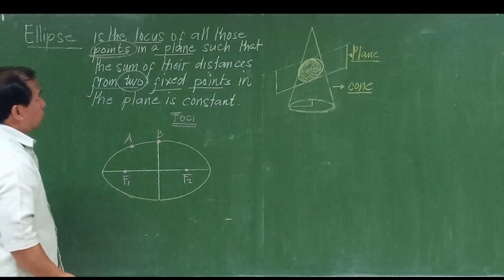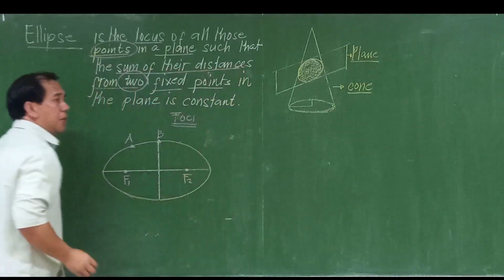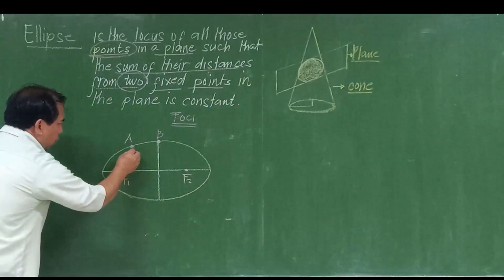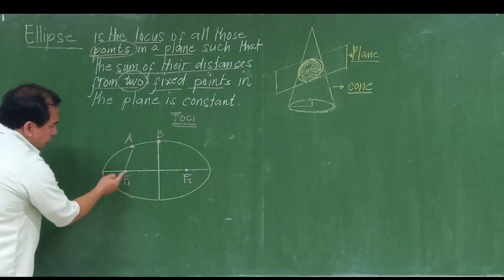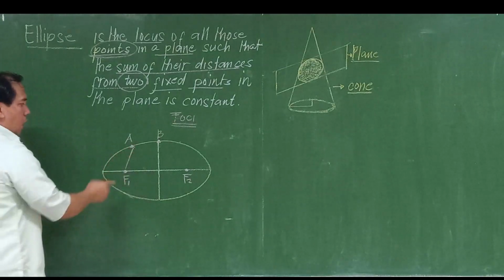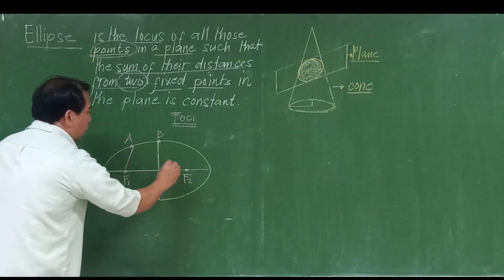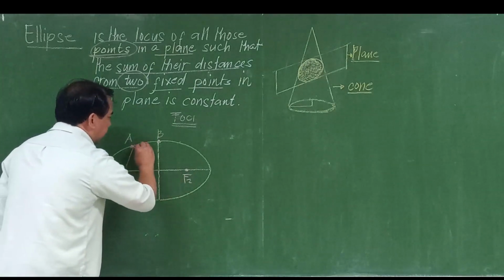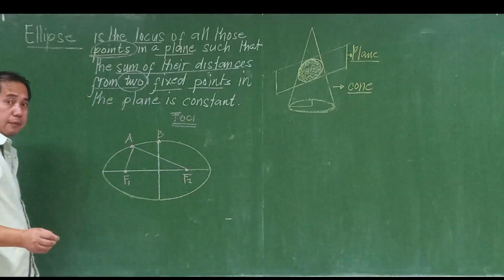Now, there is what is called the sum of their distances. Meaning to say, the sum of the distance of focus 1 to point A and point A to focus 2 is constant.